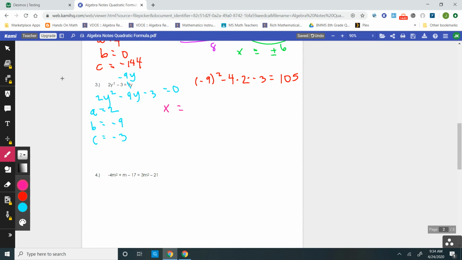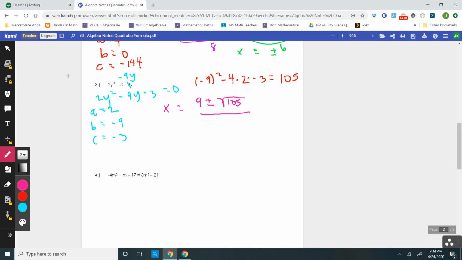So here, your b is negative 9, but you want a negative b. So pretty much the sign of that will change. It'll be positive 9 when you sub it in. Because if it was a positive, it turned negative, but it was a negative, it turned positive. So we have 9 plus or minus the square root of your discriminant, which you already got. So that's 105. That's done for you.